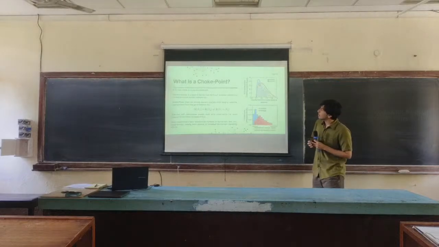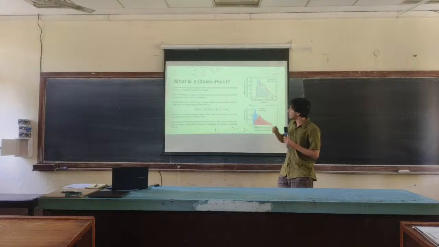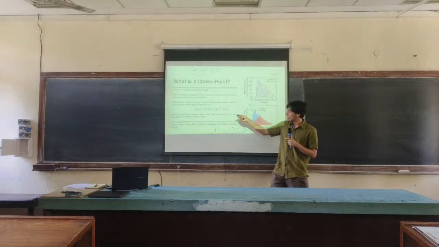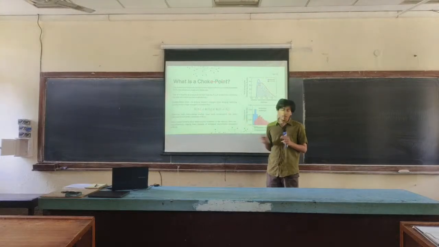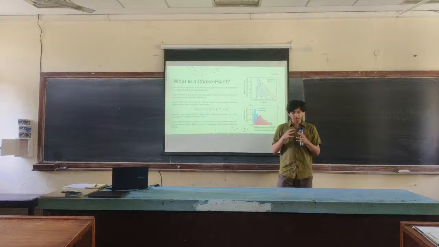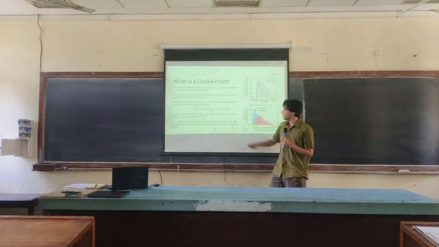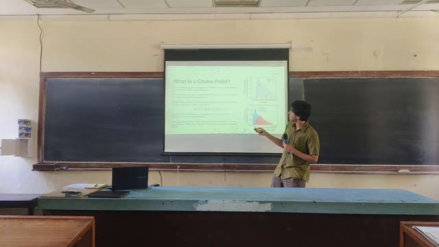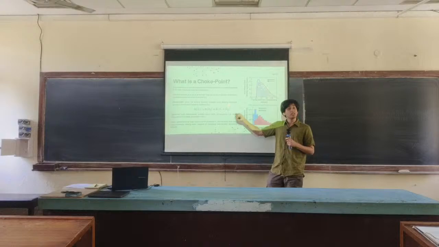Now, a choke point is something which we might have seen in physical systems too, but the reason a choke point happens has to do with a non-linearity in the flux of the network. So the flux is, say, the speed at which a network is processing its metabolites. So say network 1 has this much flux and 2 has this much flux, then the combined flux, once you merge them, is not equal.